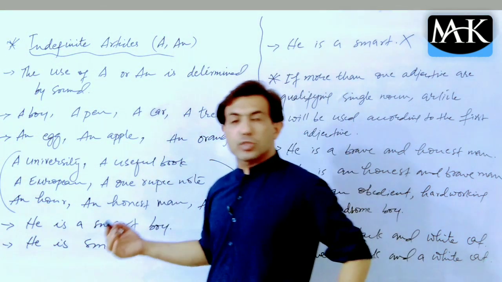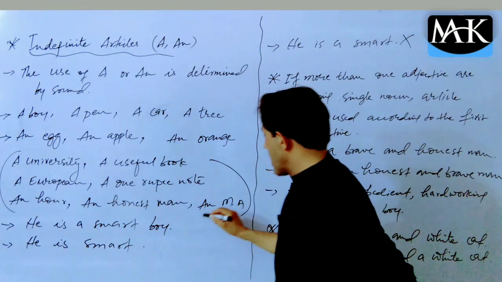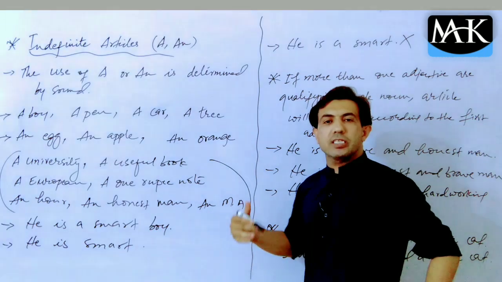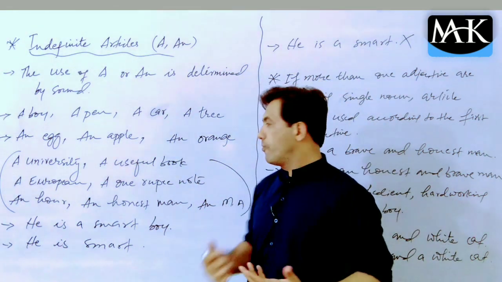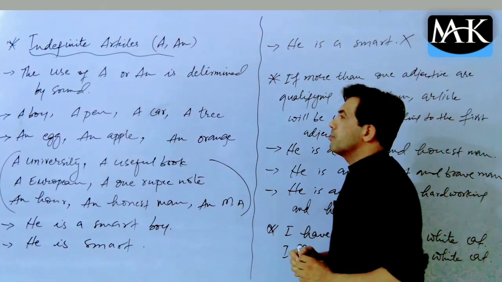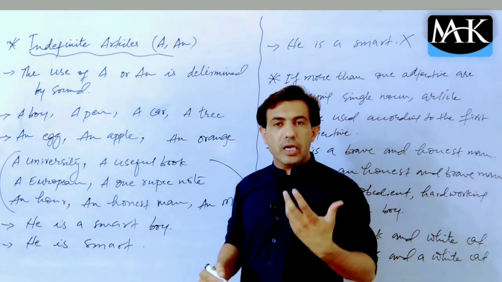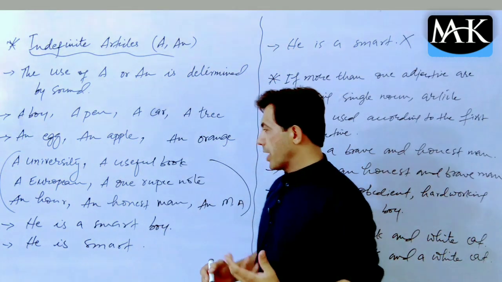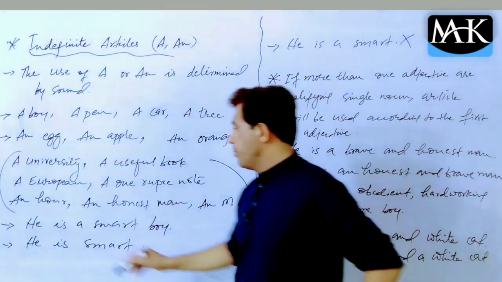But we have used an here, an honest man and an MA, because they give us a vowel sound. So the use of a or an is determined by the sound of the noun, how a noun starts in pronunciation, right?